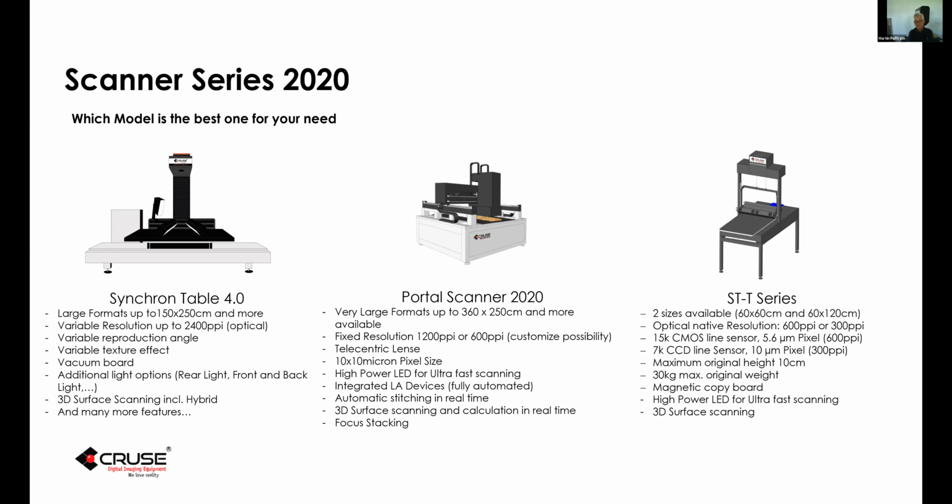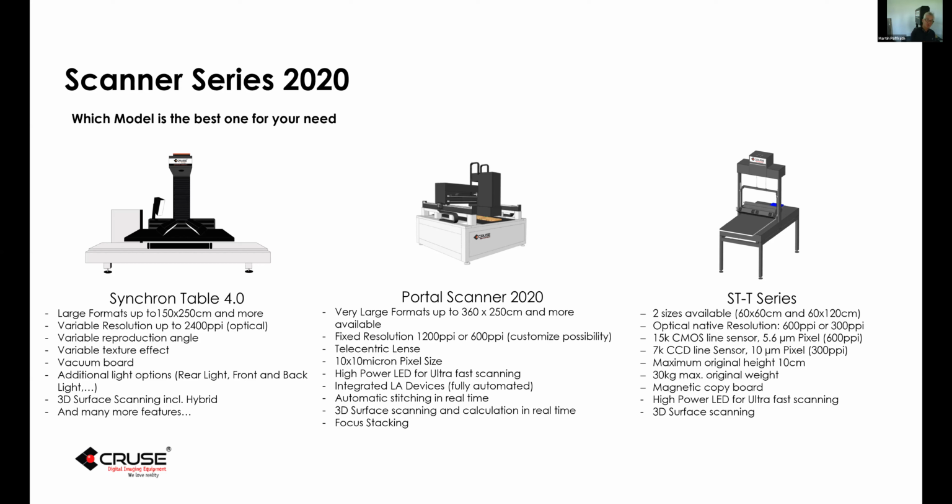We have also a 7K sensor with 10 micron pixels, and what is also available is that the original height is 10 centimeters, and it can carry 30 kilograms max, which at that size is also fantastic. It has a magnetic board, and you can do 3D surface scanning with it, okay?